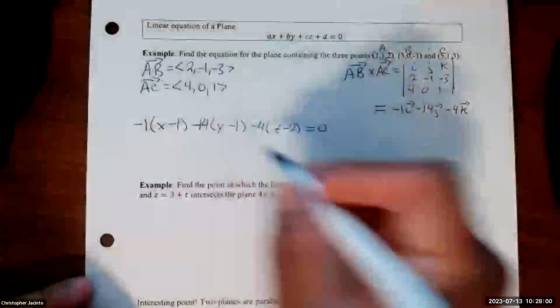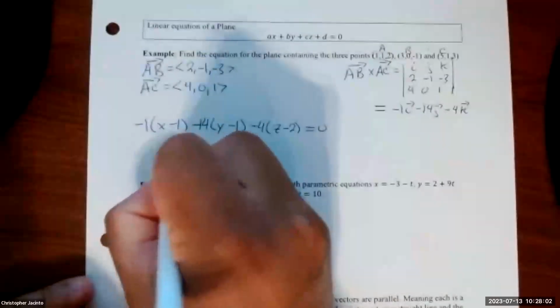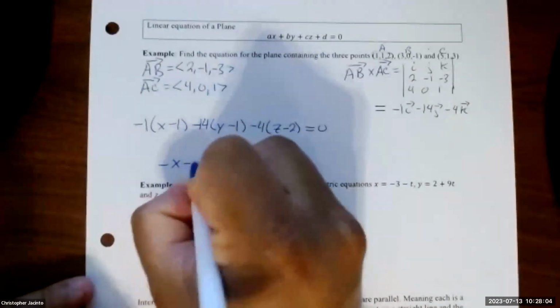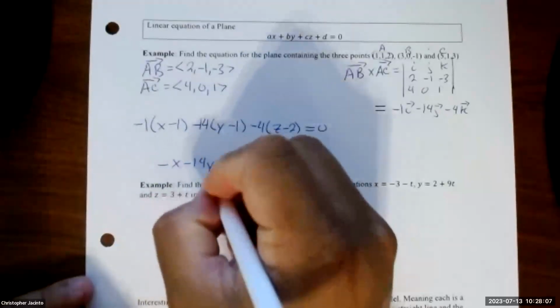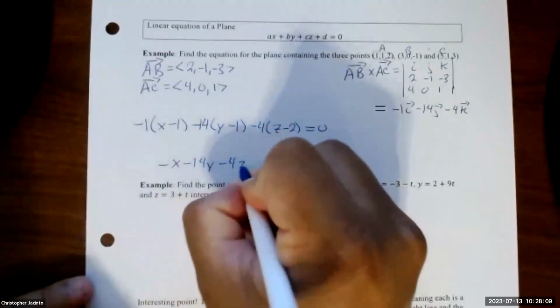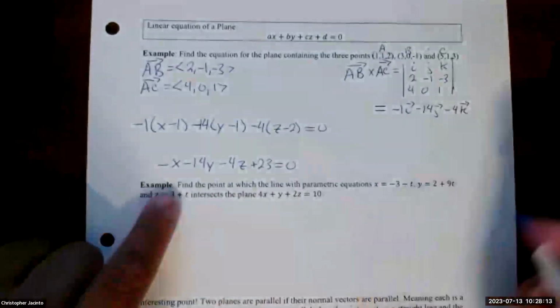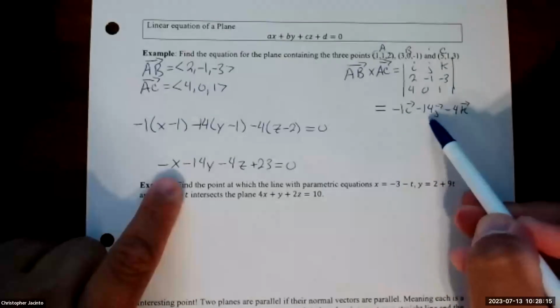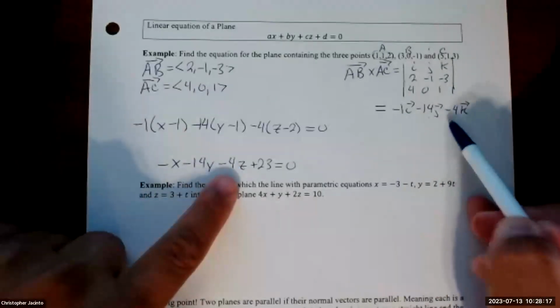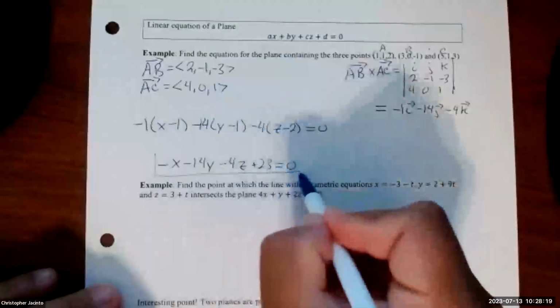And again, after distributing, you get this. Which is exactly our normal vector, right? So it's just another way to state it and see it from the actual plane.